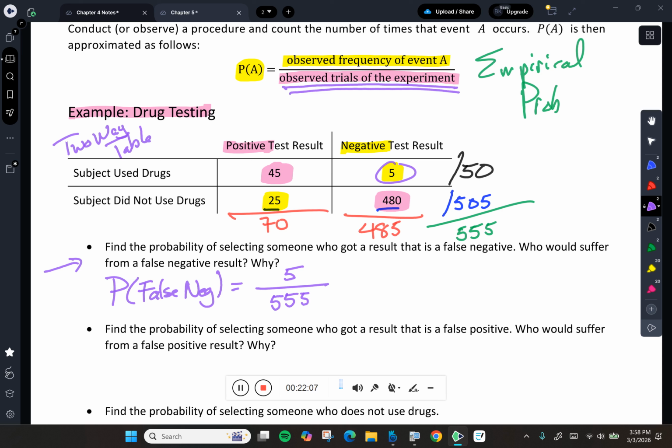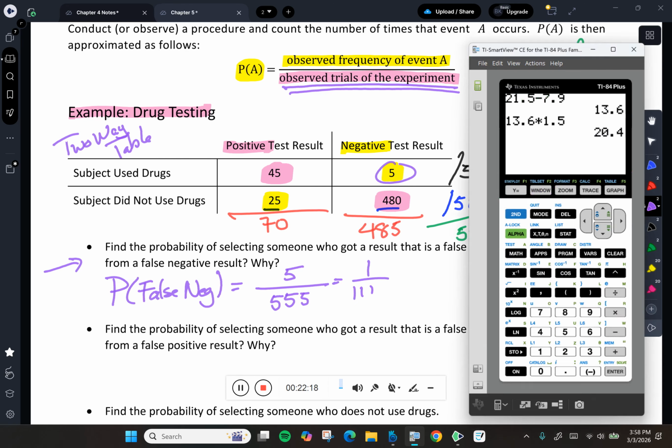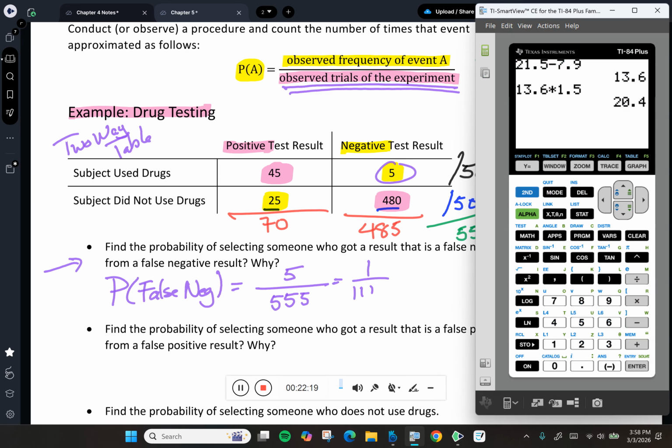So that's 555. Now, that's a terrible fraction. I know that there's at least one person going, okay, we'll reduce it. Call it 1 out of 111. You're not wrong. I would argue, though, it might be cleaner to write that as a percent and call that 0.9%.